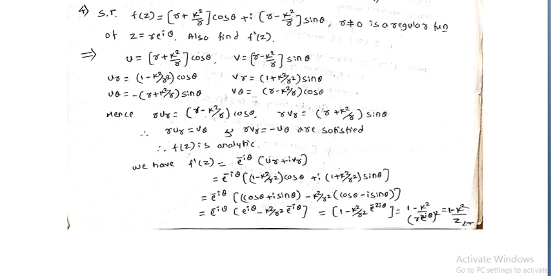So cos theta is the real part, sin theta is the imaginary part here, so we'll just separate the real and imaginary part here.